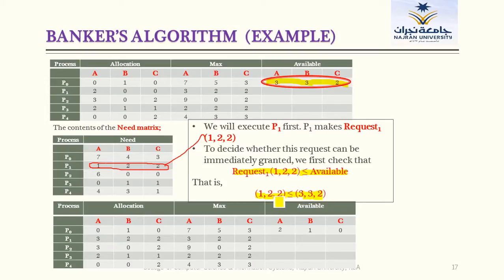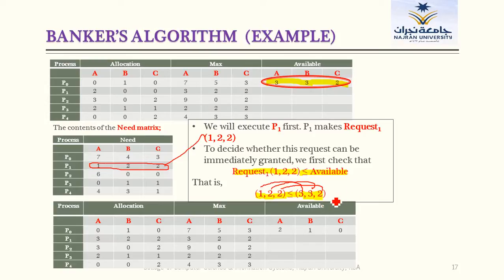So we are checking here that 1, 2, 2 is less than or equal to available, which is 3, 3, 2. One by one we will compare this with this one. 1 is less than or equal to 3, true. Then we check the second, instance B: 2 is less than or equal to 3, true. Then the third: 2 is less than or equal to 2, true.